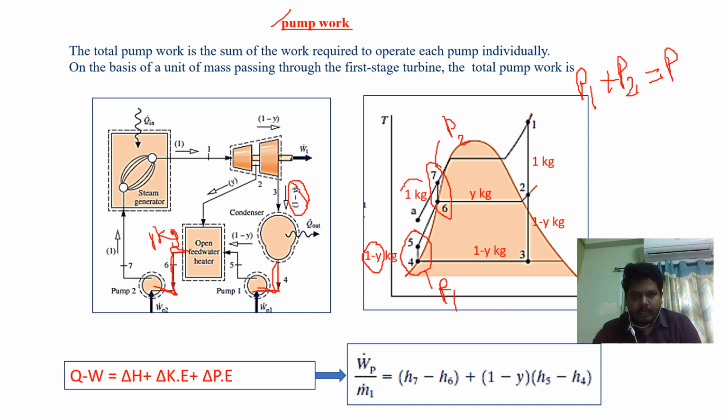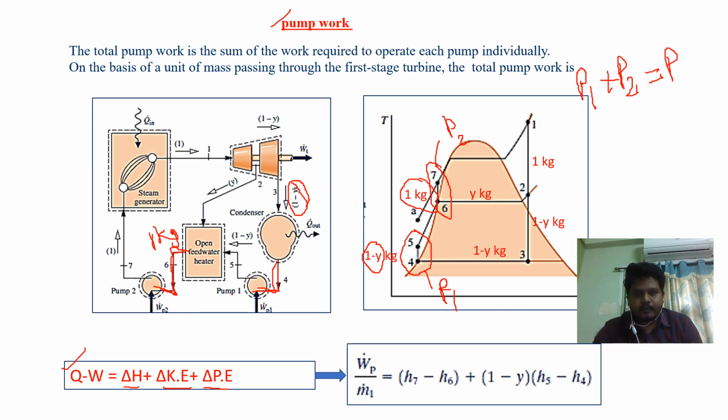Here the mass is 1 kg. Okay, with this understanding, let us apply the first law to the pump. Pumps are open systems, so the first law for an open system is Q minus W equals change in enthalpy, change in kinetic energy and change in potential energy.